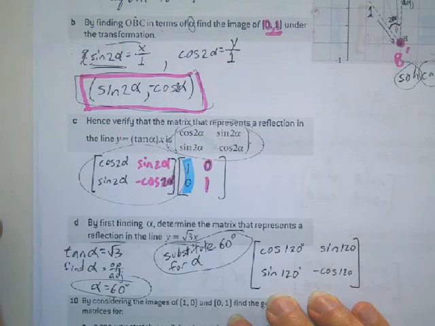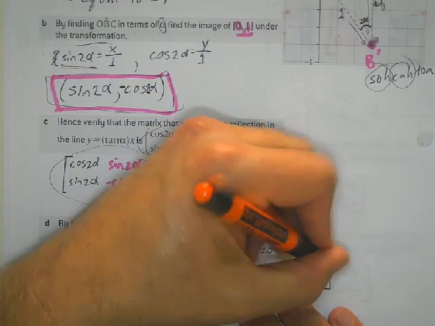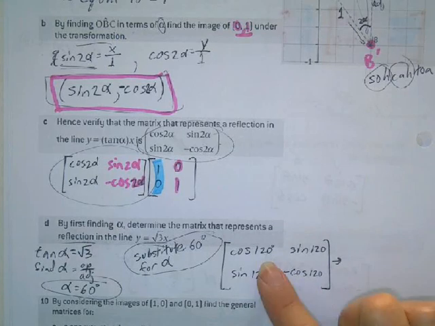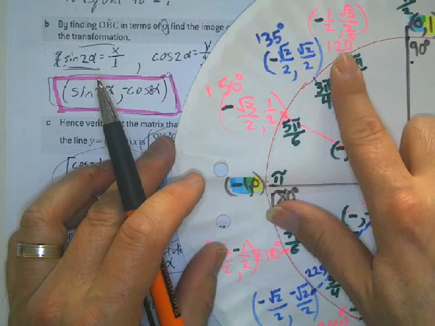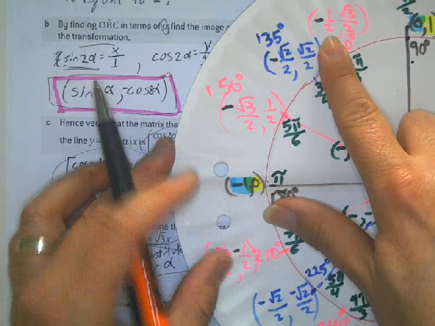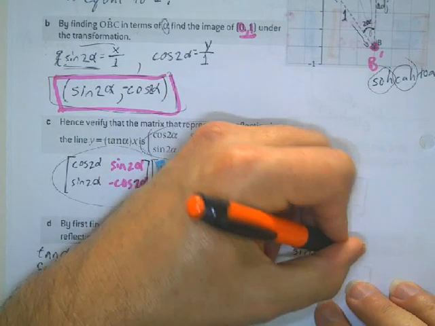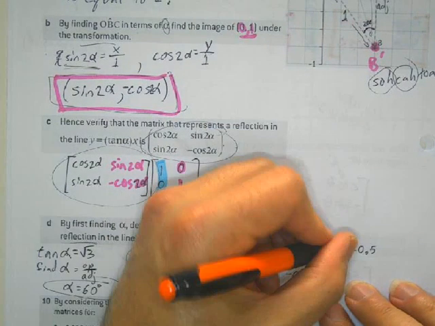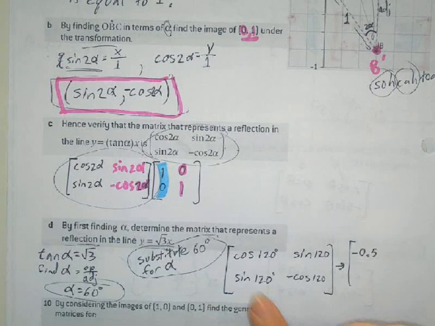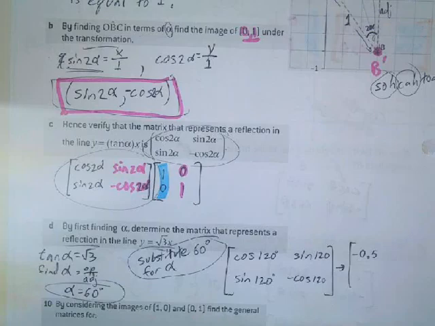Okay, and if I go to my unit circle, cosine of 120 degrees is going to be negative 1/2. And sine of 120 degrees is going to be radical 3 over 2.